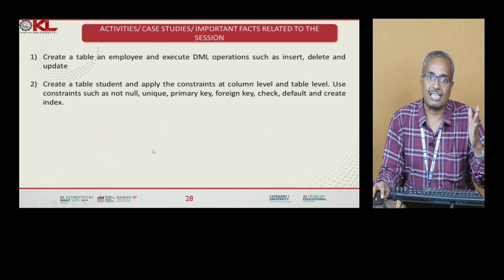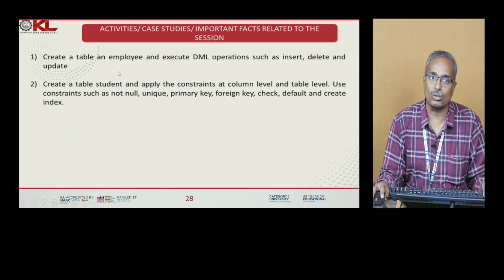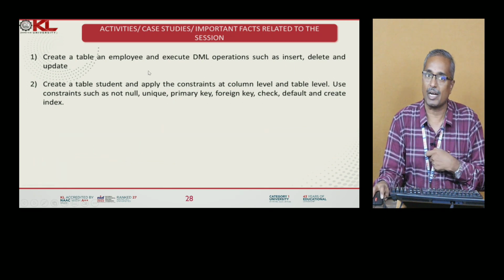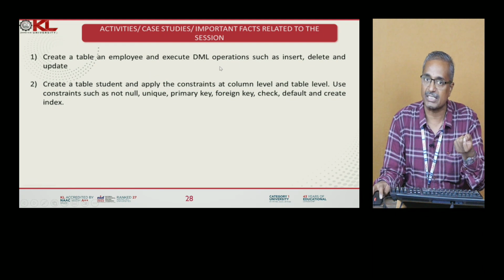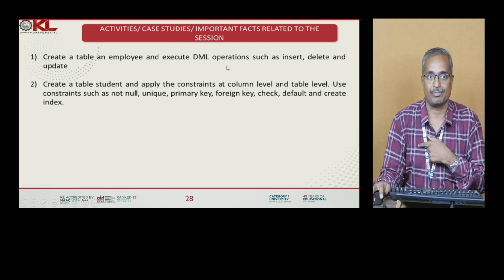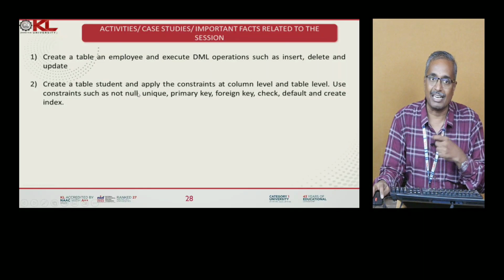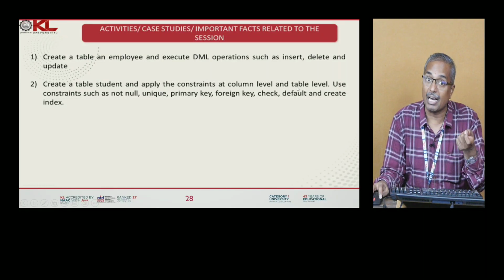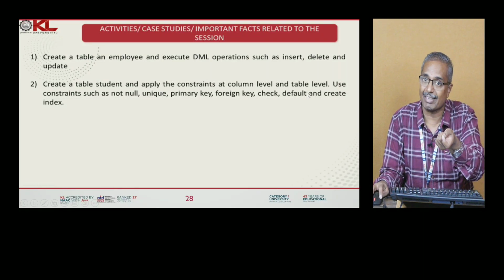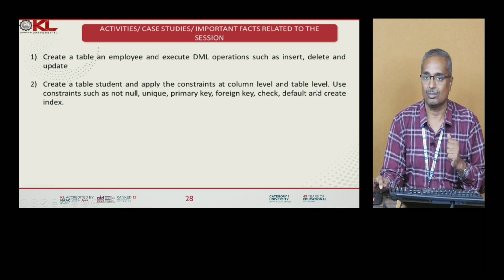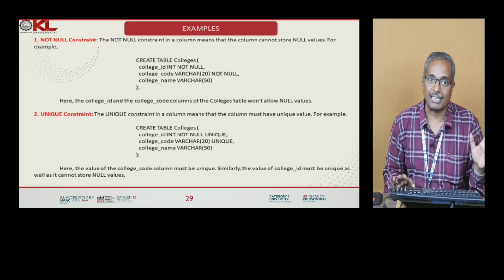So these are the activities you can do. You can create an employee table and execute DML operations. The second one: create a table student and apply constraints at column level and table level. Okay. These are the activities you can do.